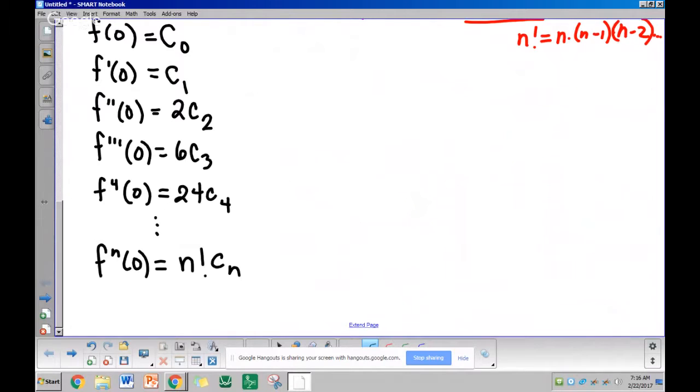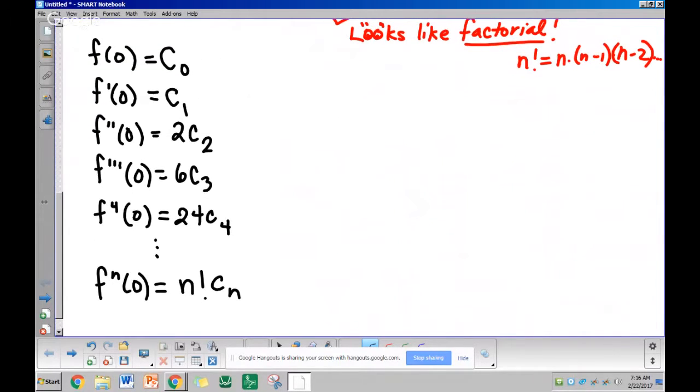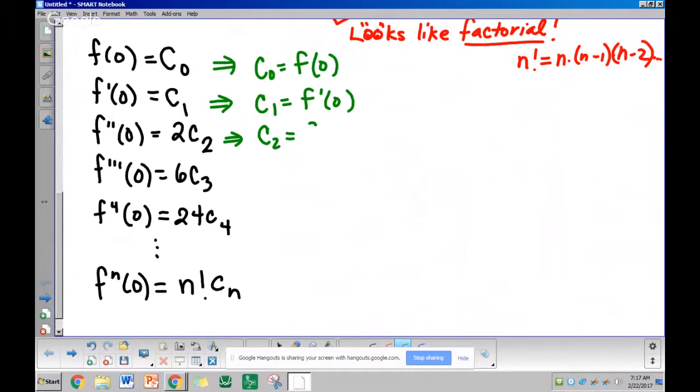So what happens then if I take each one of these expressions here and solve for our constant? Well, clearly c sub 0 equals f of 0. And then c sub 1 is equal to f prime of 0. C sub 2 is going to be equal to f double prime of 0 divided by 2.